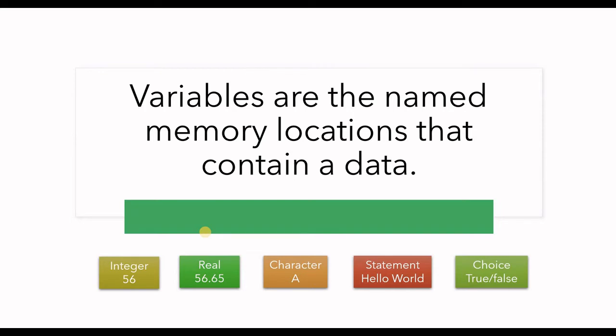It can be a real data, like 56.65, a data with a decimal value. It can be a character data, like A, B, C, hashtag or 1, 2, 3, 4, anything. That is a character. It can be a statement like hello world. It can be choice of true or false.